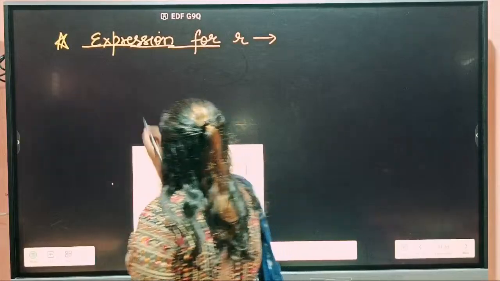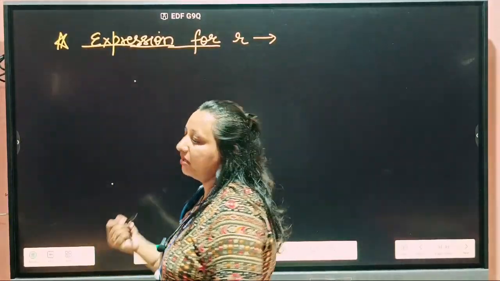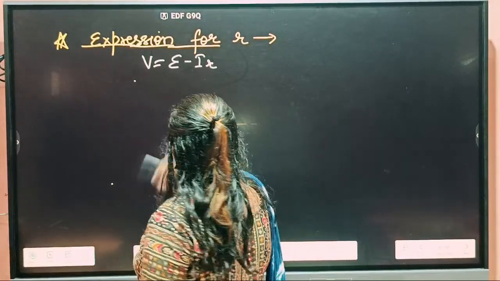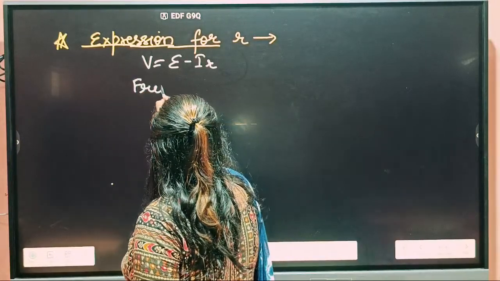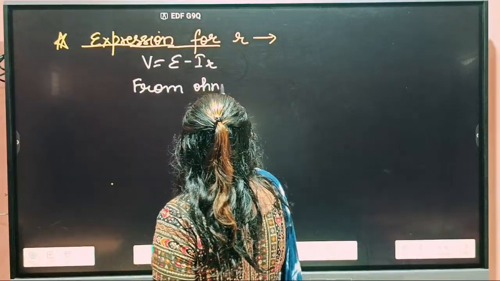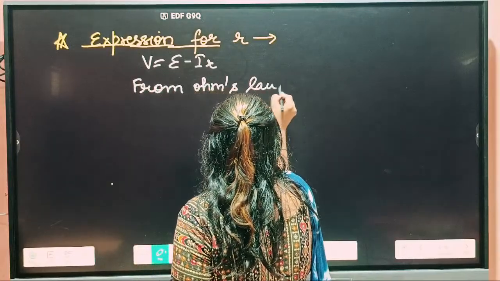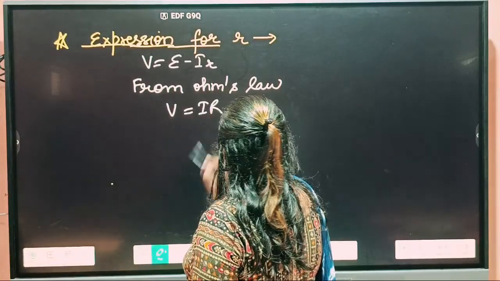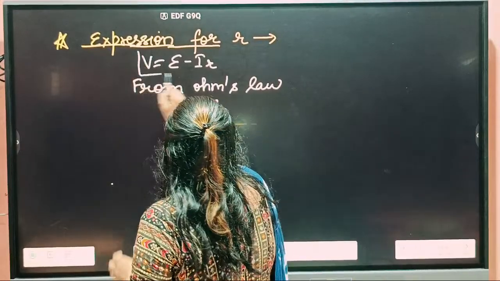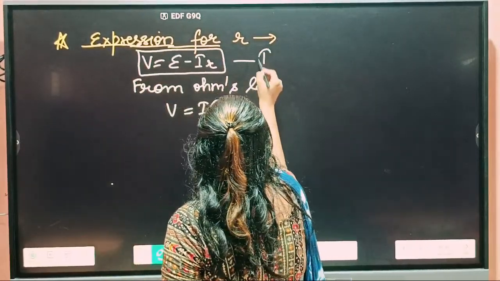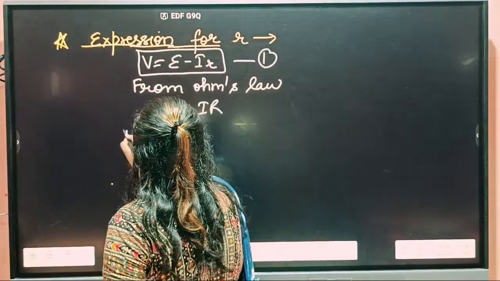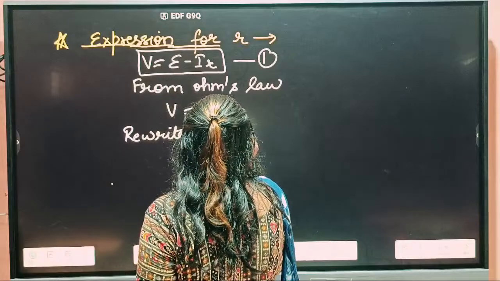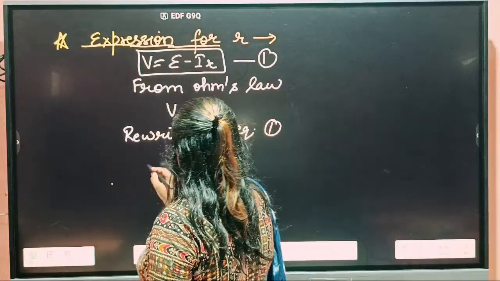We write the relation between terminal potential difference and EMF: V is equal to EMF minus IR. Rewrite this as equation number 1.